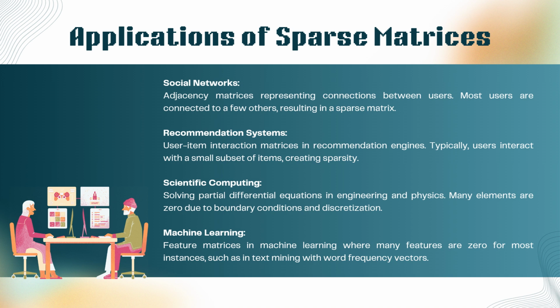In scientific computing, solving partial differential equations in engineering and physics, many elements are zero due to boundary conditions and discretization. In machine learning, feature matrices where many features are zero for most instances, such as in text mining with word frequency vectors.